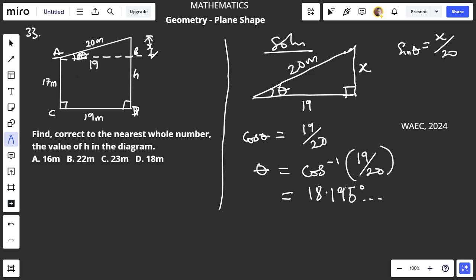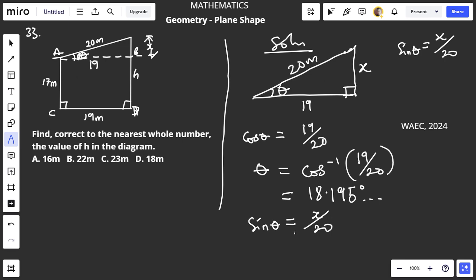So this is the value of our theta, and we were not told to find theta. So let's use it to find X. Sine theta equals X over 20. Sine is opposite, which is X, over hypotenuse, which is 20.